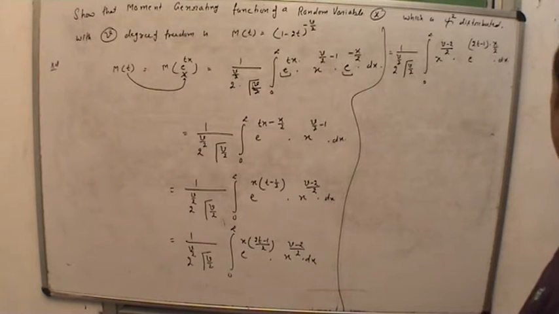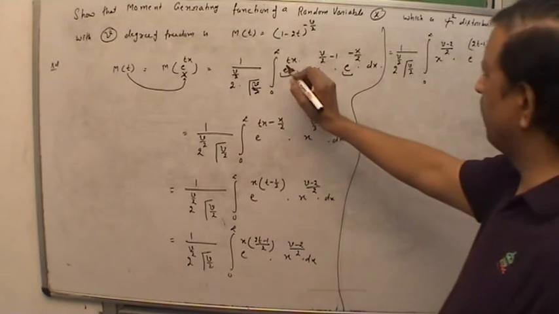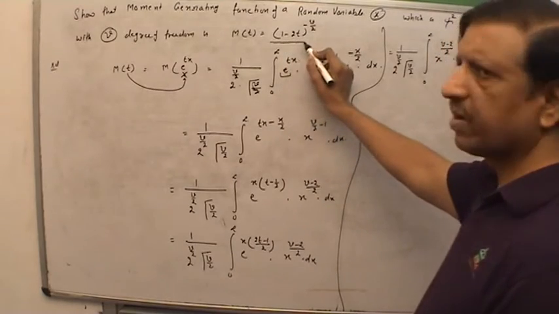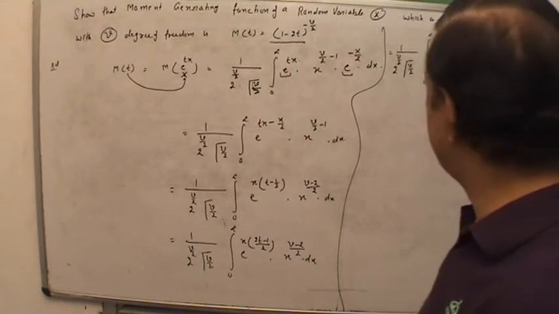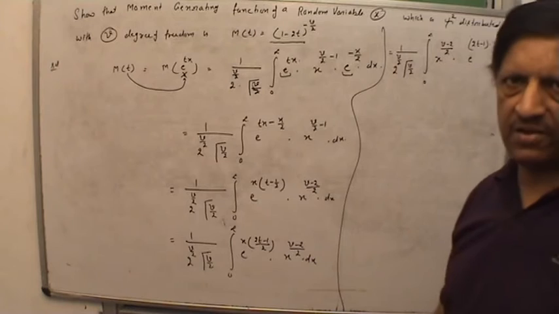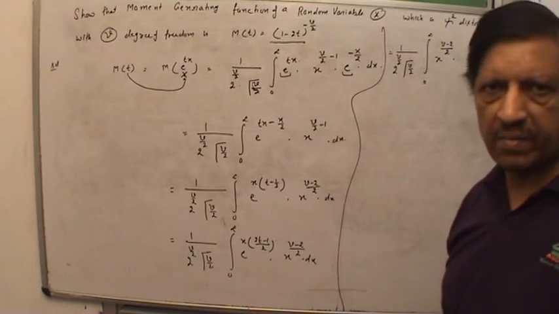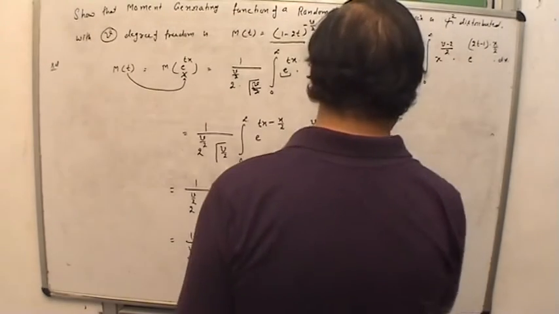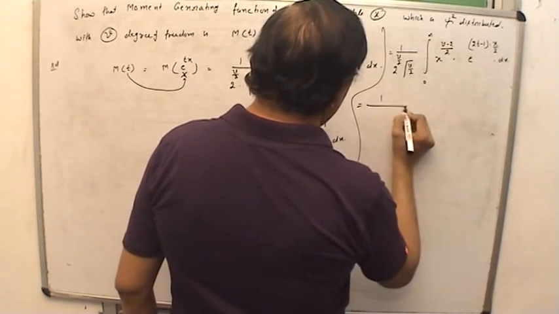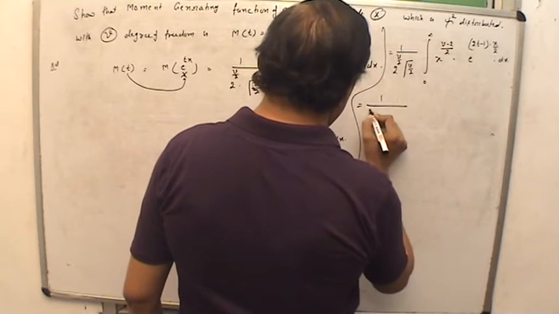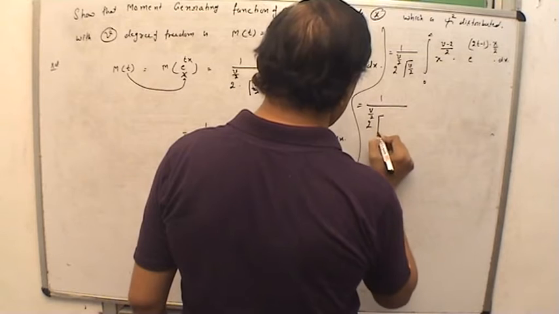But if we see, our result requires the factor 1 minus 2t, but here we are getting 2t minus 1. So better take the minus as common at this step. That will be helpful for the further calculations.